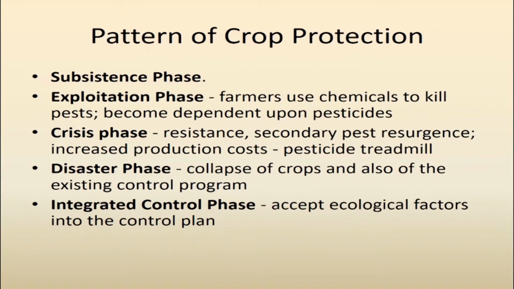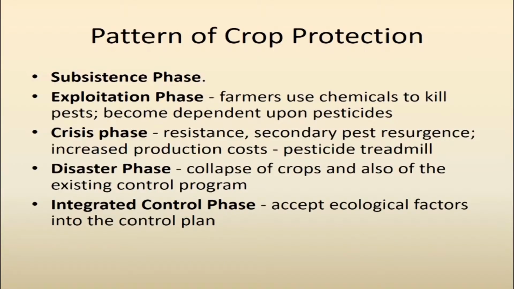Before this, I would like to brief about what the patterns of crop protection are and why we talk about the integrated control phase today. Long ago, we were in a phase of subsistence. Later on, we were not able to feed the growing population, and we started exploiting the natural resources, due to which we used the high yielding varieties. To get the realizable yield from the high yielding varieties, the farmers used chemicals to kill the pests, and we became dependent on pesticides.